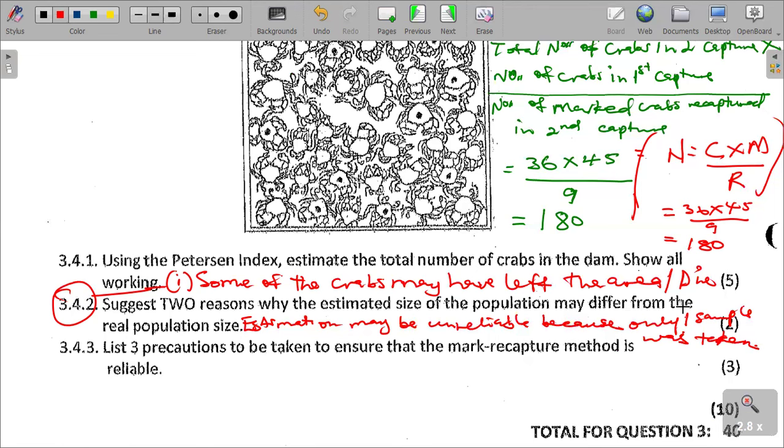One, the marks must not interfere with the organism's lifestyle. The mark must not harm or affect the animal's behavior, movement, or acceptance within the population.